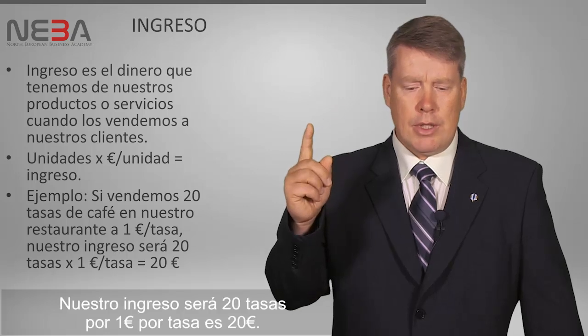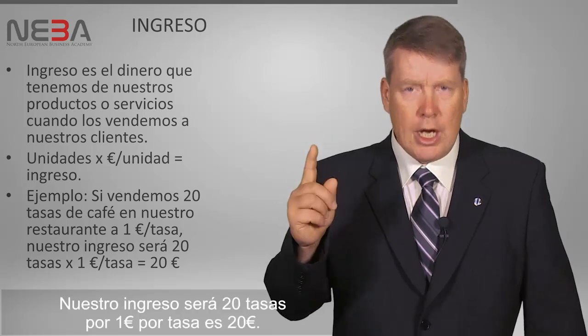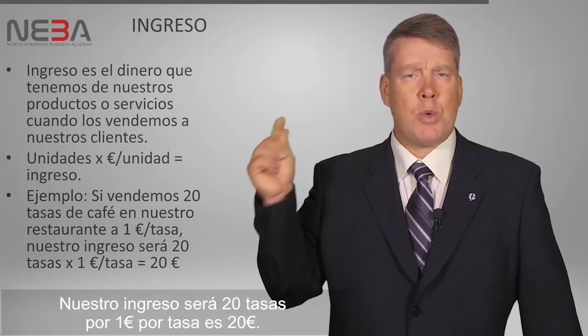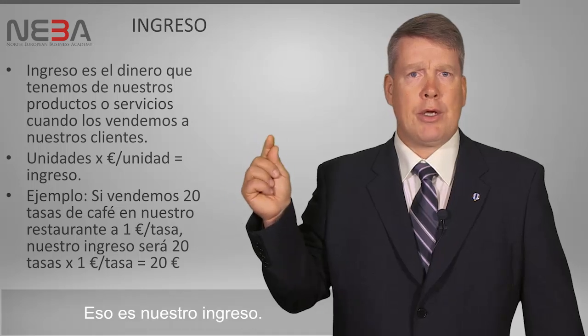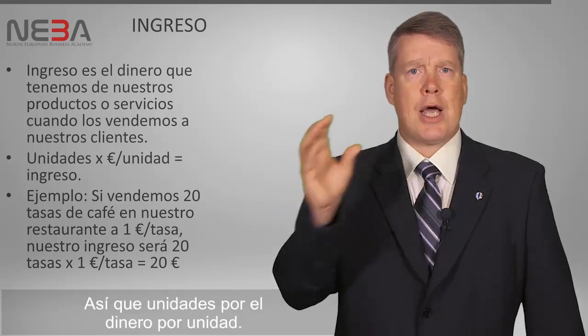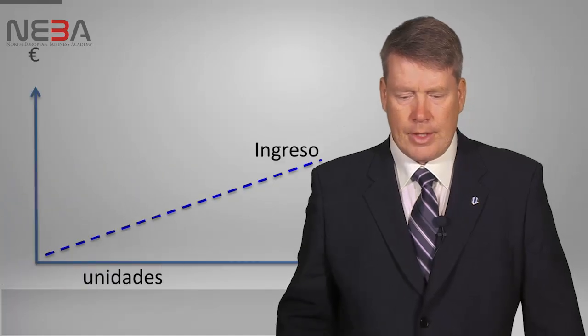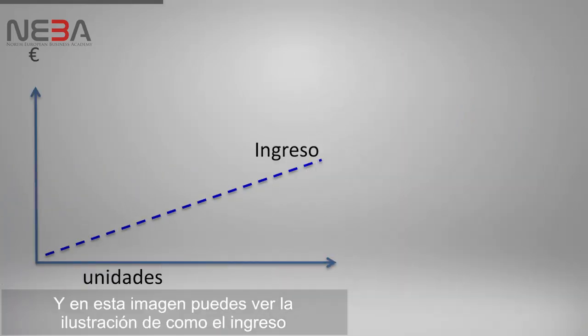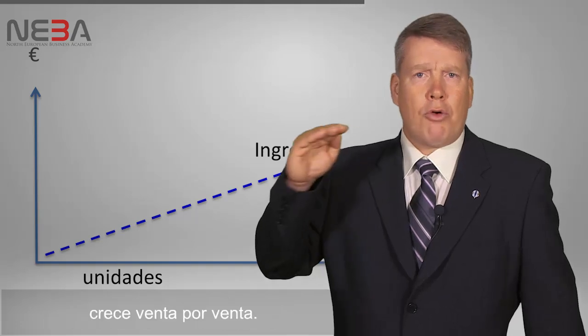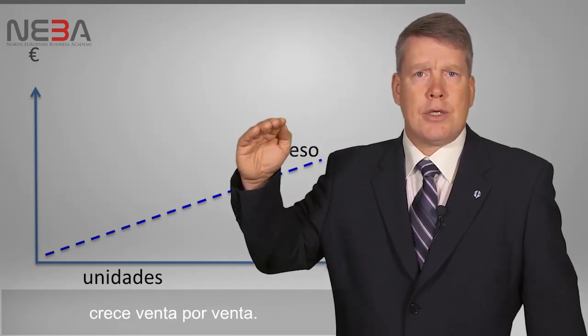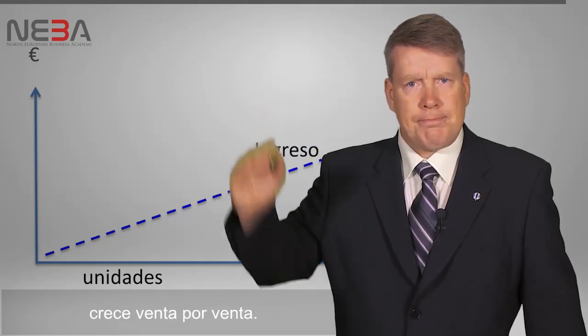Our income is 20 cups times €1 per cup, which is €20. That is our income. So units times the money per unit. In this picture, you can see the illustration of how the incomes grow with sales.